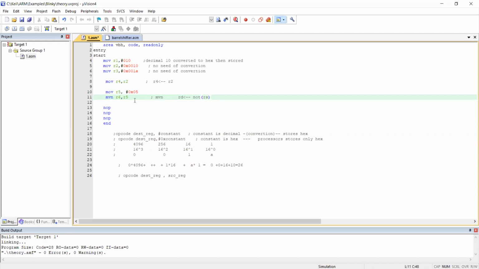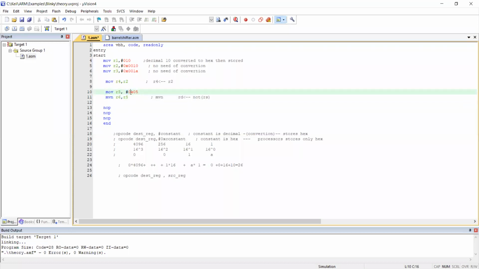Who is R source now? In the line where I have selected, who is R source? R source, correct. And the answer for Rd, R6, that's also right. So what is the operation? First R5 will get some number. Why am I using hash?